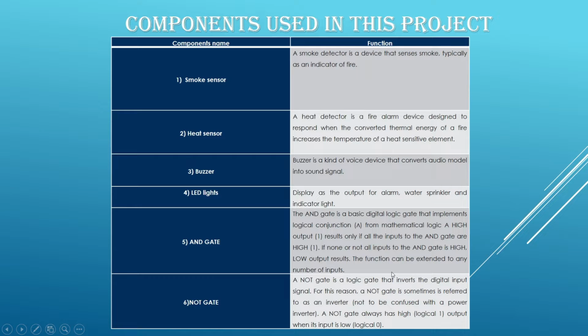The function can be extended to any number of inputs. The NOR gate is a logic gate that inverts the digital input signal, so for this reason, a NOT gate is sometimes referred to as an inverter. That's all for the component explanation in this project.